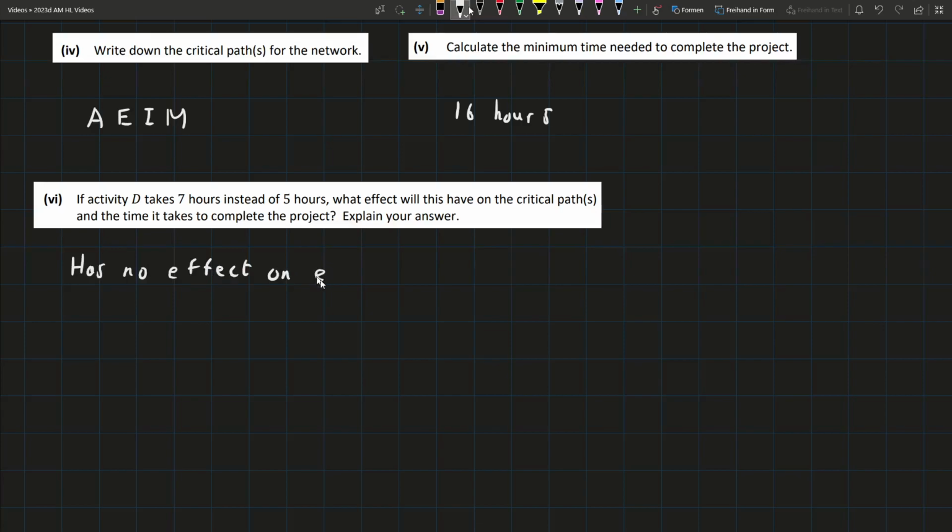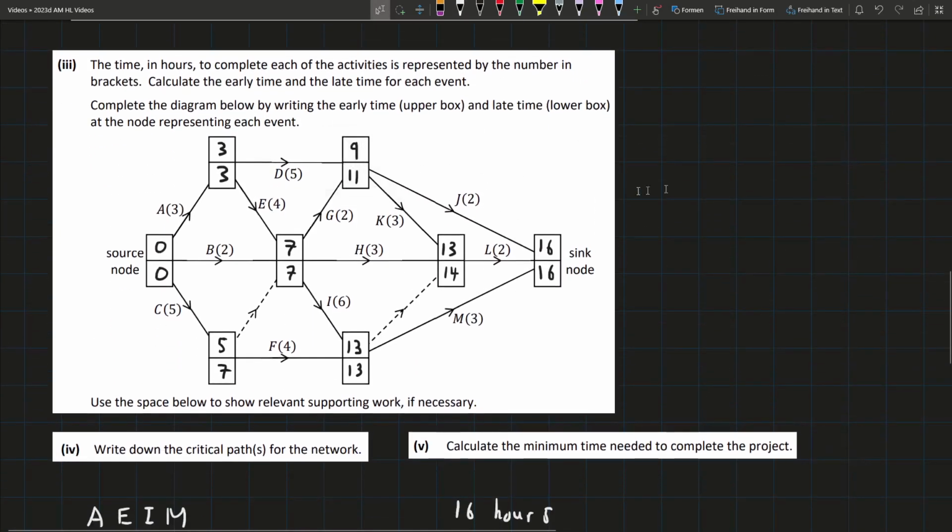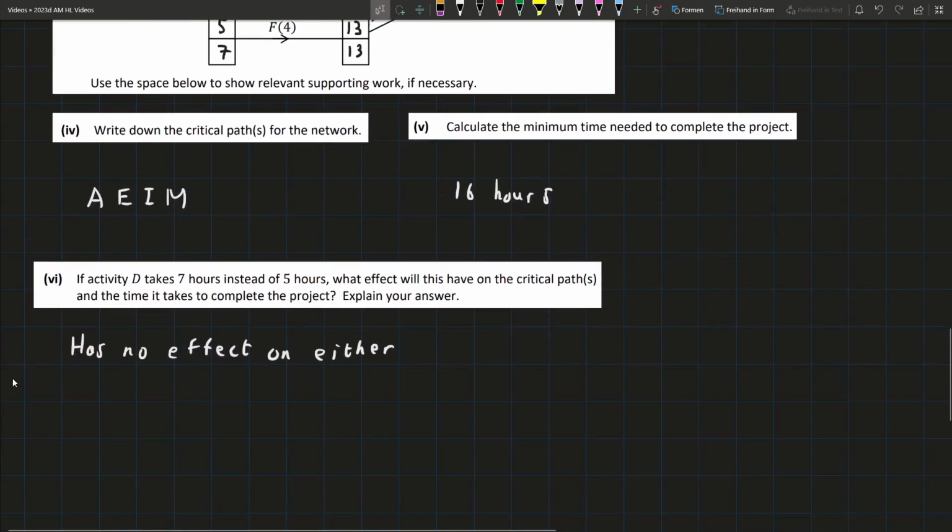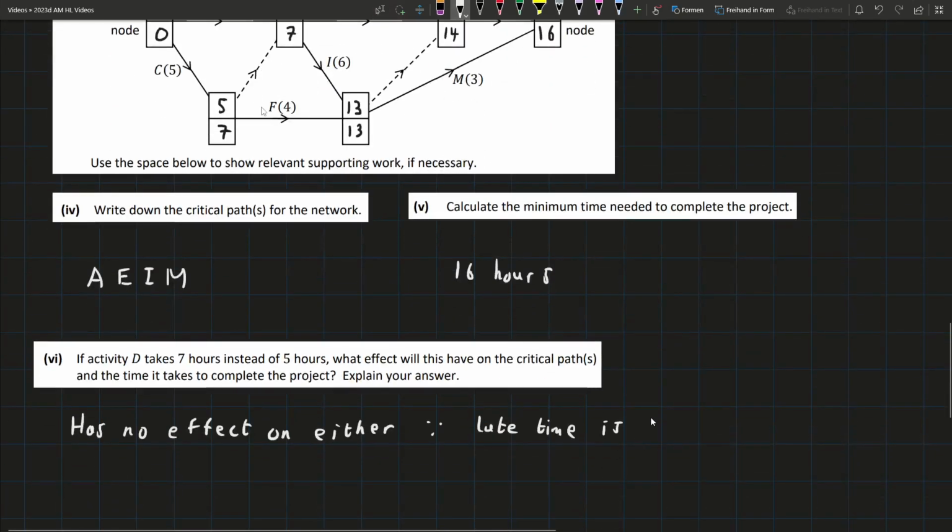It has no effect on either, because the critical path obviously isn't affected. This doesn't make a new critical path or anything, and it also doesn't delay the project at all, so it doesn't change the time to complete it. The reason we can say is because the late time is here, it's 3.